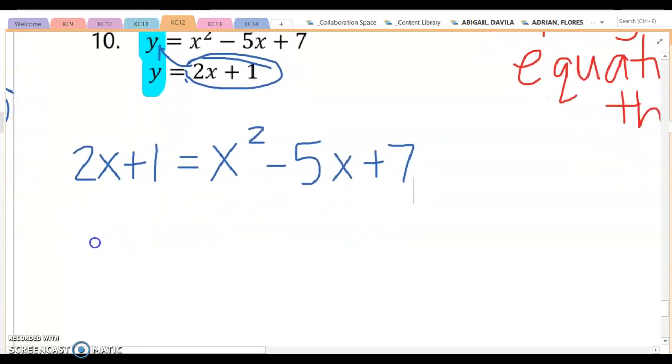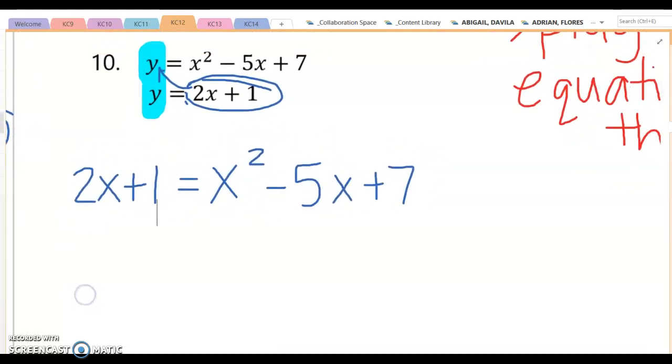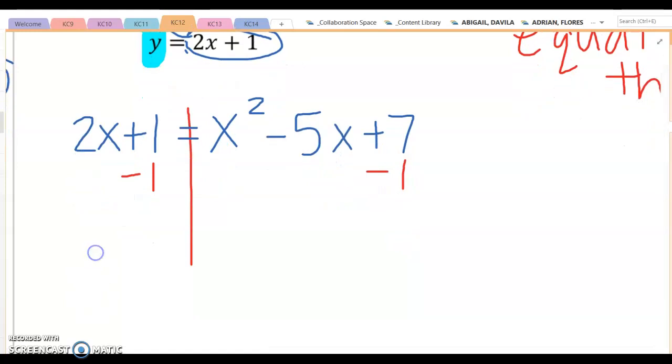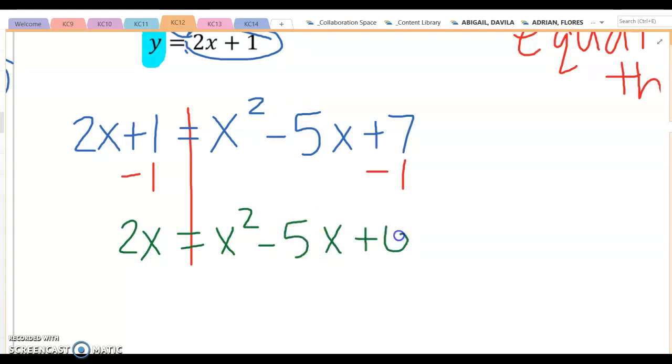We're going to have to factor on this one too, but in order to factor, we have to have it equal to 0. So we have to get rid of all this stuff on this side. So we need to subtract the 1 off of both sides to get rid of the 1. So now we've got 2x equals x squared minus 5x, and then 7 minus 1 is 6.